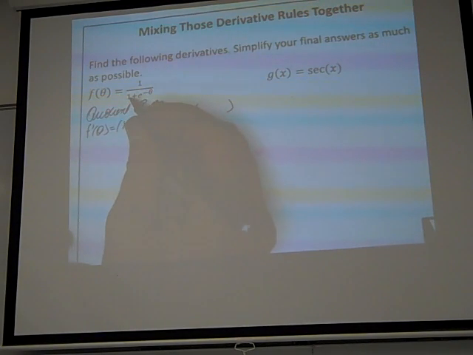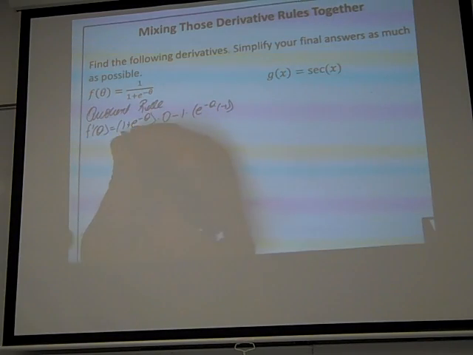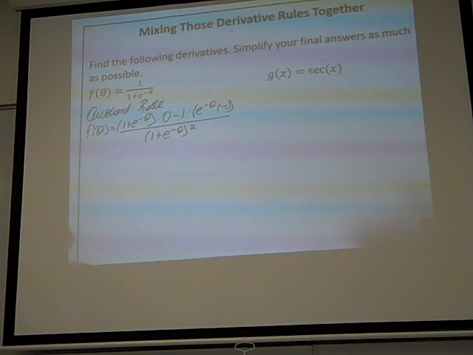Derivative of 1 is 0, plus the derivative of e to the negative theta is e to the negative theta times negative 1, over 1 plus e to the negative theta squared.